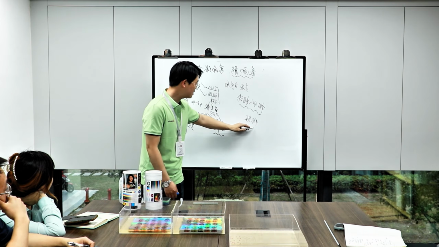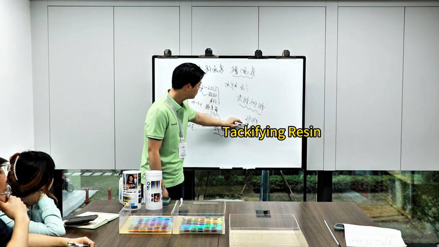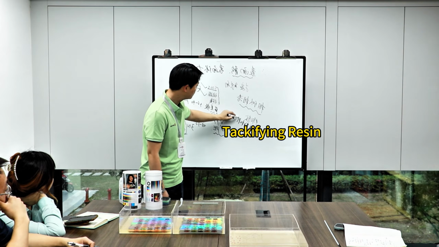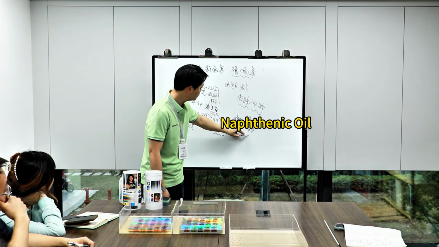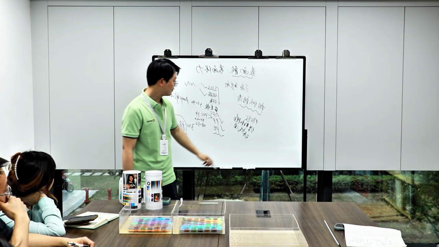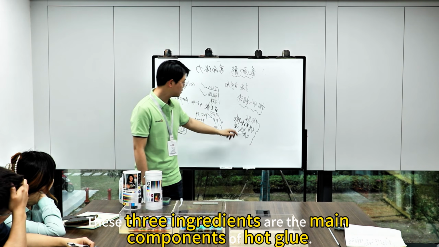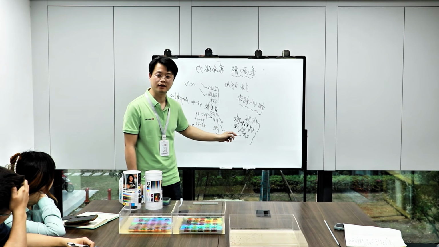Then add some tackifying resin and some naphthenic oil. Okay. And some antioxidants. These three ingredients are the main components of hot glue.